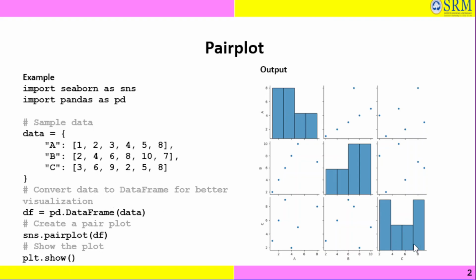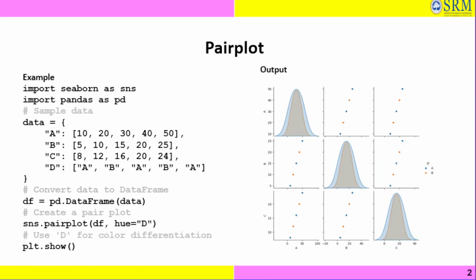You can see the relationship between three variables: A to A, B to B, and C to C. We have this diagonal represented using histograms, and the rest with scatter plots.